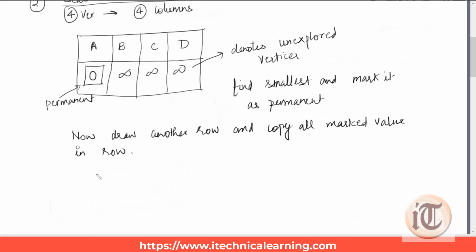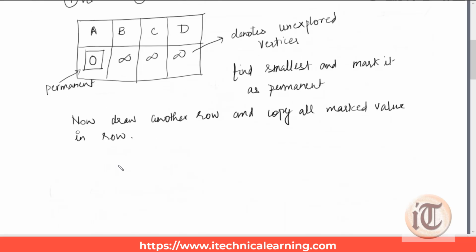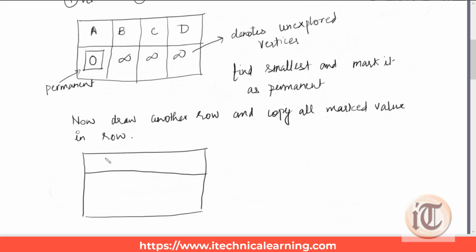Okay, so we have to do it. To do it, we have to extend our table. So our table will now contain 4 entries and 2 rows, because we have added one more row. So it is A, B, C and D, and in the previous step we have marked 0 as permanent and the remaining were infinity.